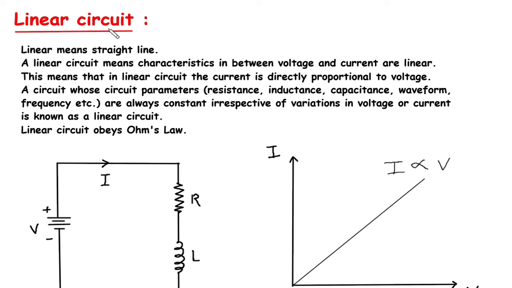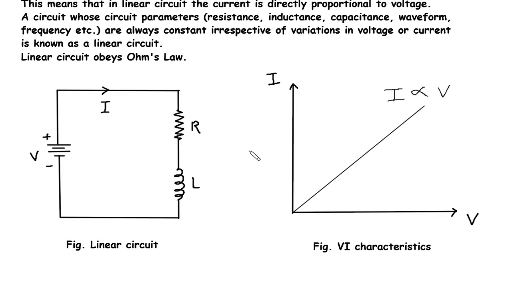Linear circuit. Linear means straight line. A linear circuit means the characteristics between voltage and current are linear. Here we can see this is the VI characteristic for a linear circuit and it is a straight line.